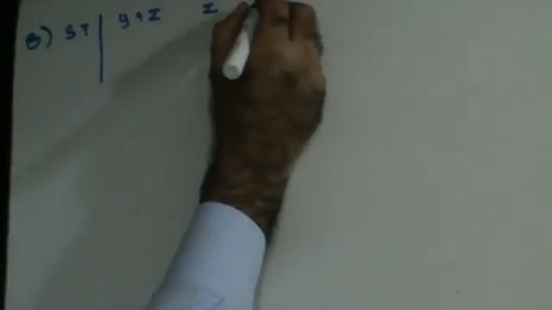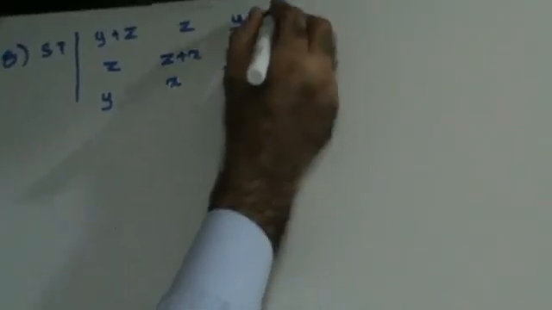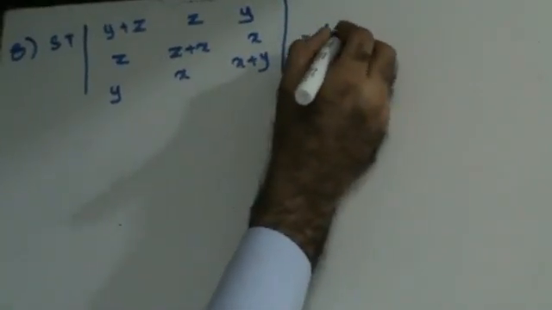Show that the determinant y plus z, z, y, z, z plus x, x, y, x, x plus y is 4xyz.